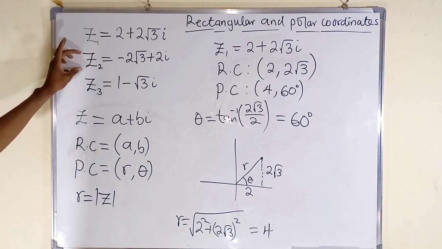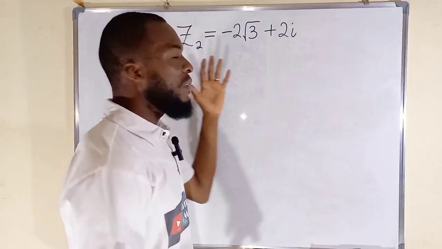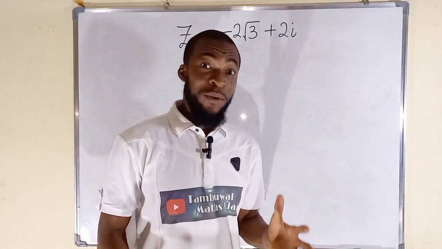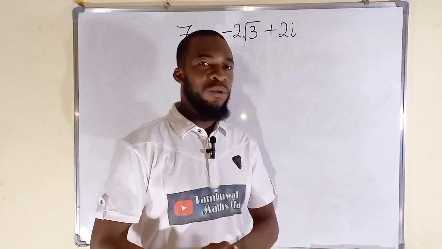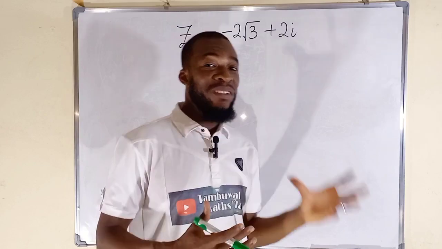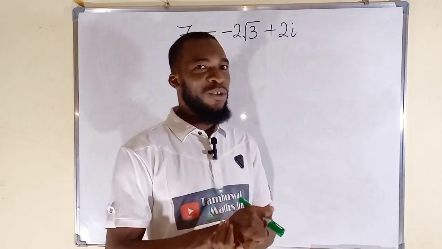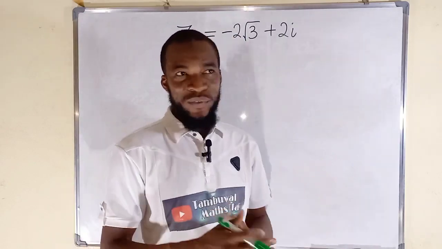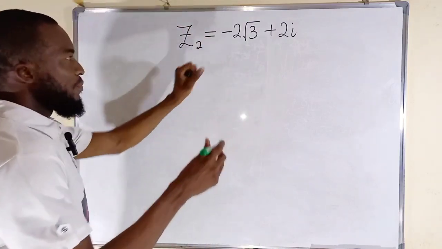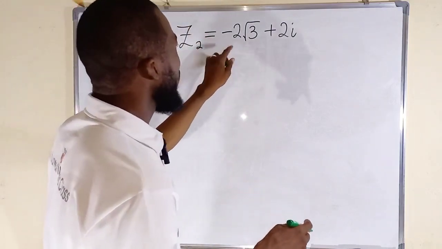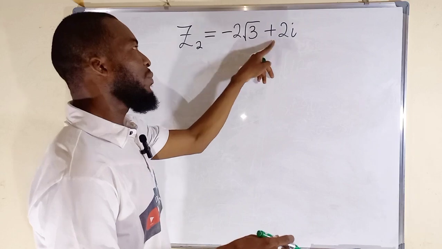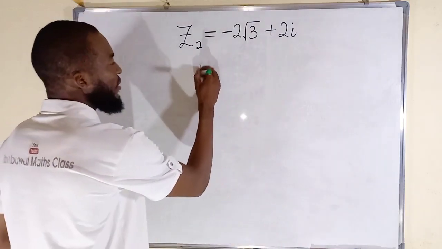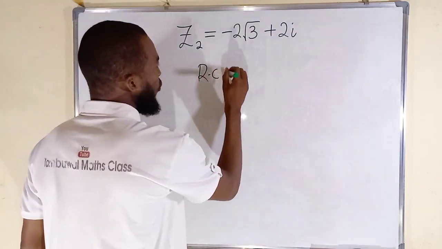Then moving on to z2. All right, as you can see, this is the second problem, but I know you may experience a glitch in the video. This is because I used the reference angle as our final theta, which is very wrong. Therefore, I have to correct the video. Okay, we have our complex number negative 2 root 3 plus 2i. So the rectangular coordinate will be what?